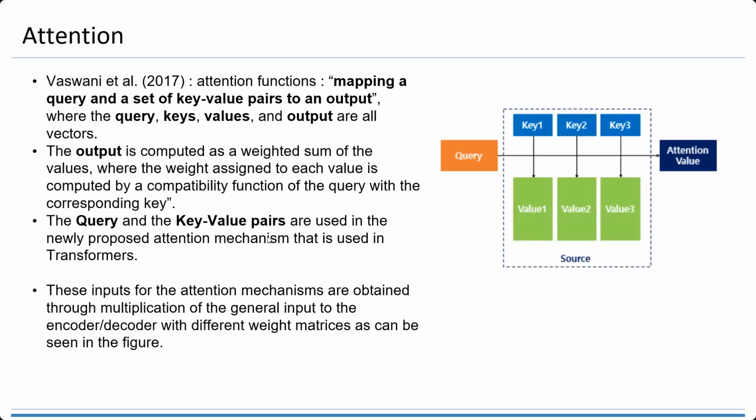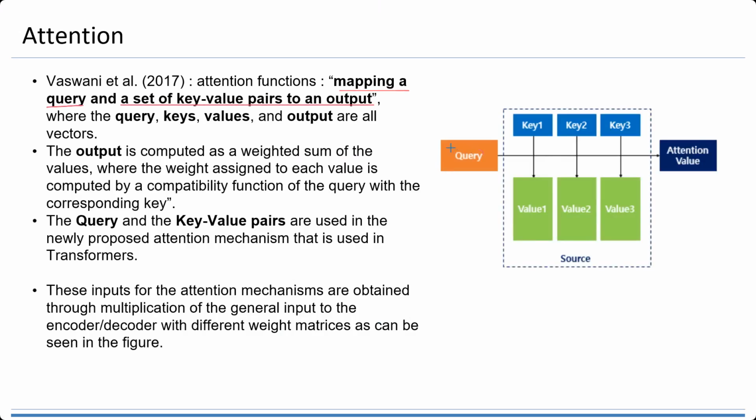So the attention mechanism was proposed in 2017. It is a function, and this function is a mapping of a query and a set of key value pairs to an output.